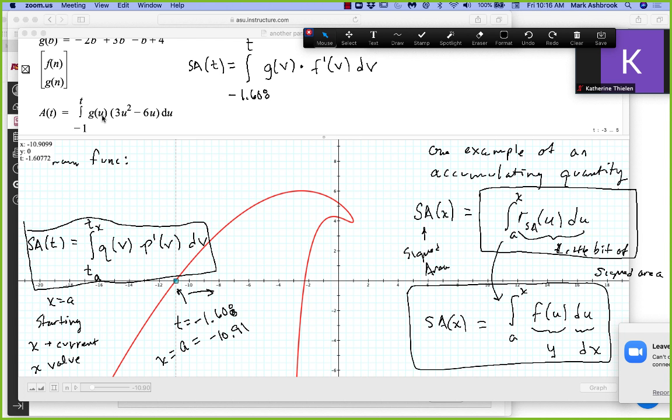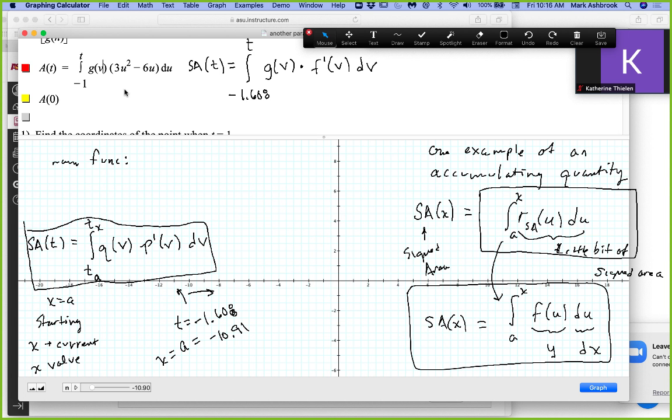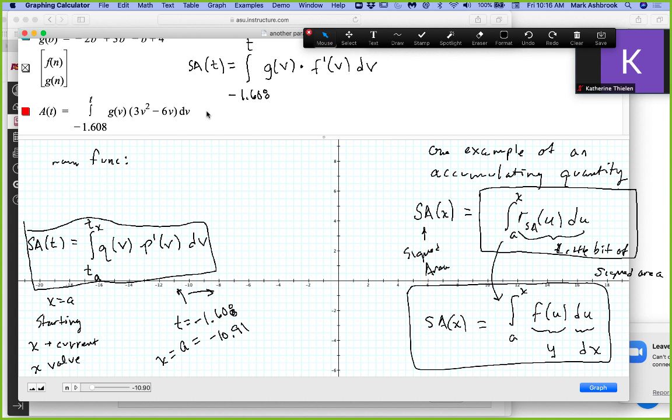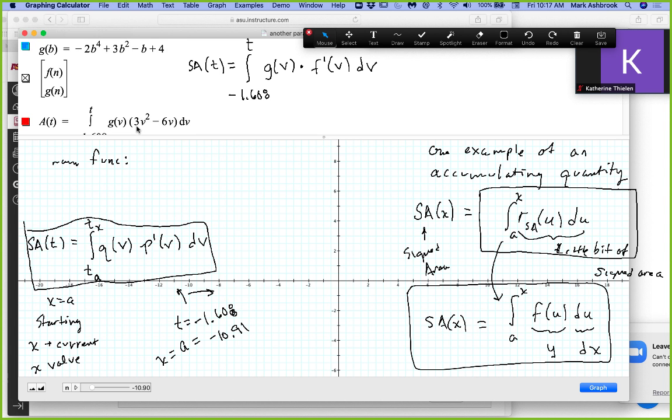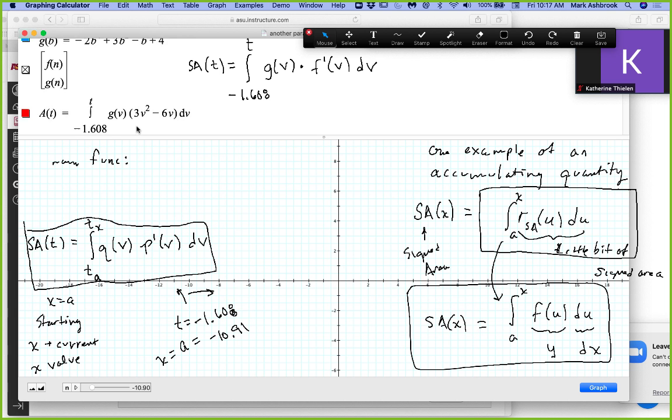I was using u, and I'll just change it to v to be consistent with what we're doing. And we're starting at negative 1.608. So does that signed area function agree with what we just wrote? Instead of f prime of v, I just put in the actual derivative there, 3v squared minus 6v. So I think we got it.